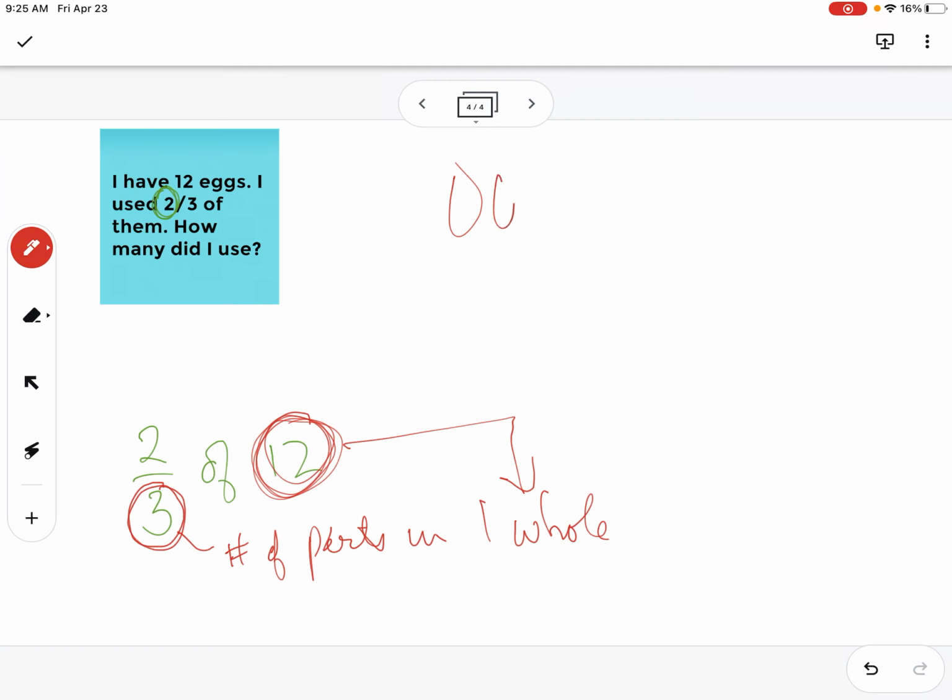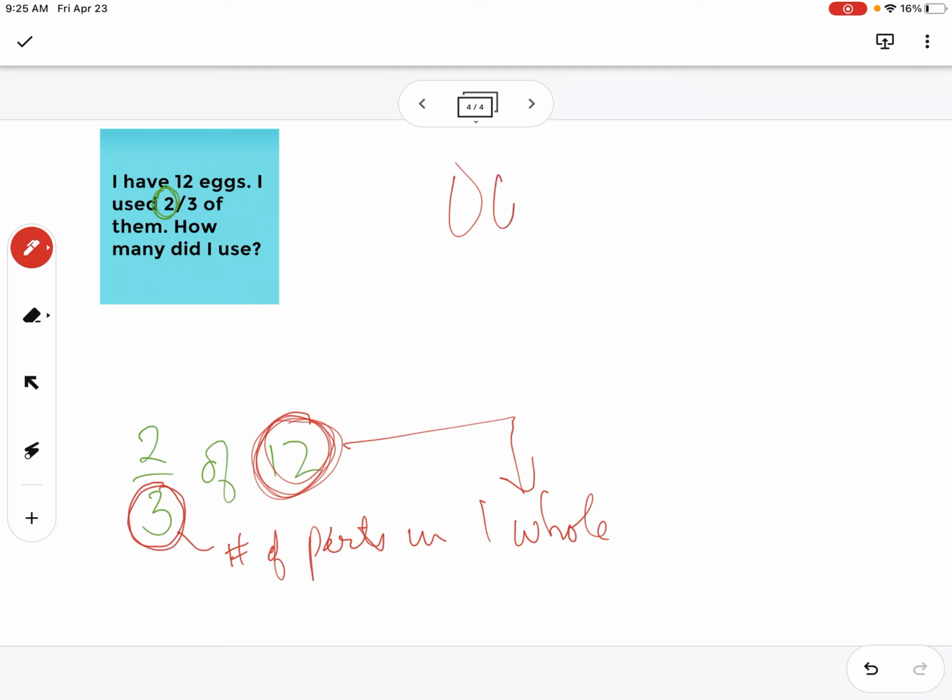And I know from before that when I take 12 and break it into 3 parts, every part has the size of 4. So 1, 2, 3, 4, 1, 2, 3, 4. There's my 12 eggs broken into 3 groups of 4 in each. So I've done what the number 3 on the bottom is telling me to do.